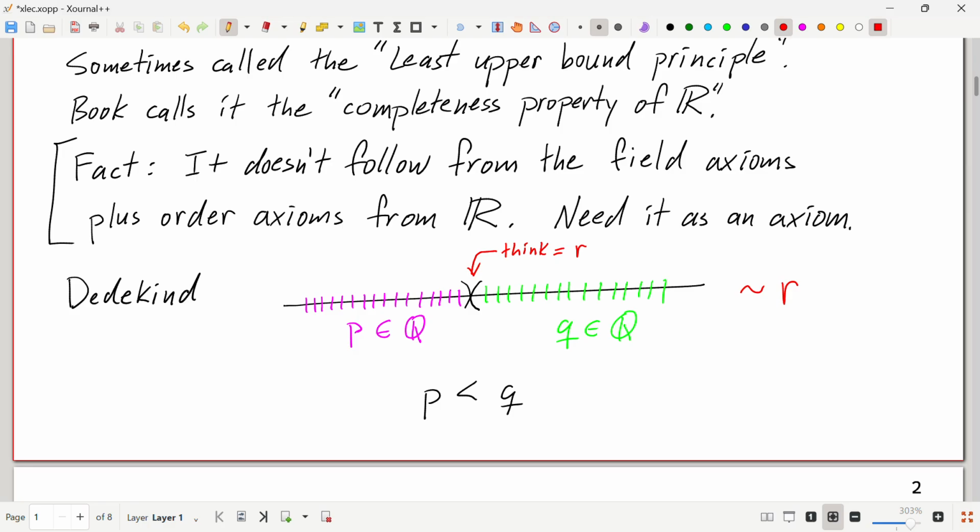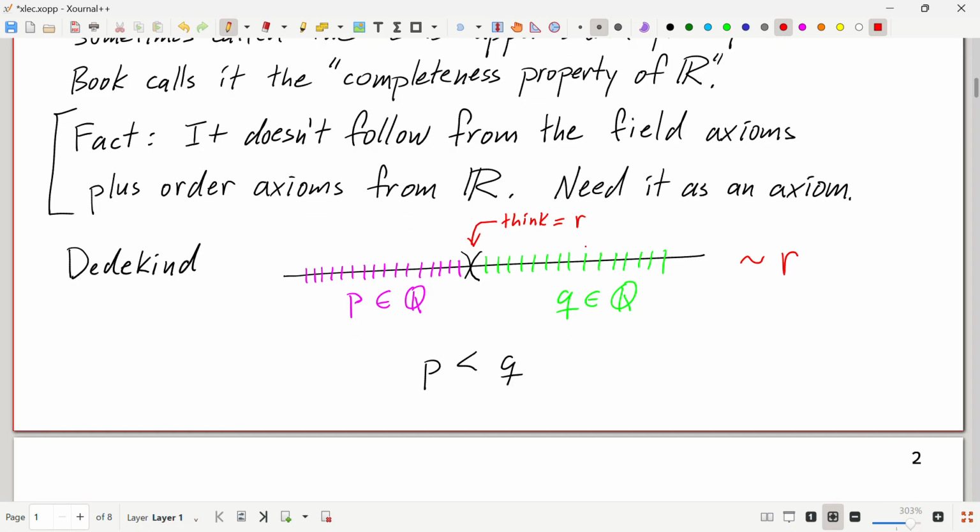And if r is a rational number, then you make the r be in the purple side. So okay, that's what Dedekind was thinking. And then the fascinating thing is that this particular axiom is just an obvious fact.